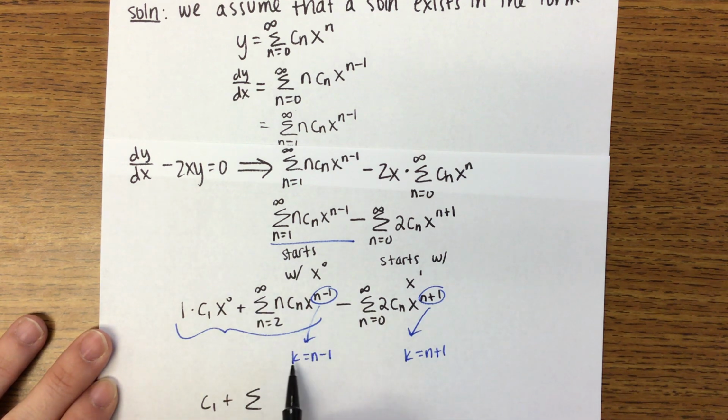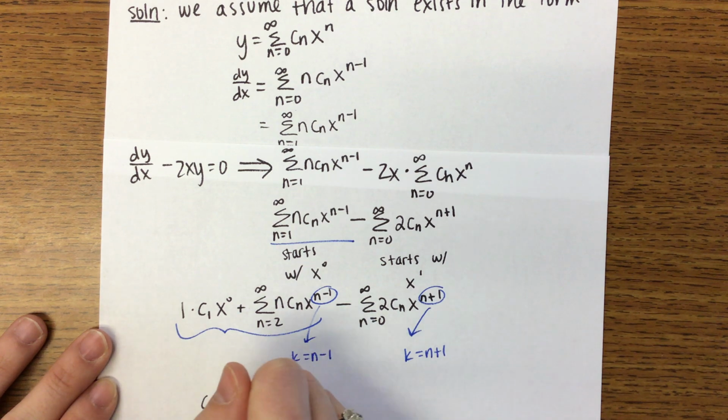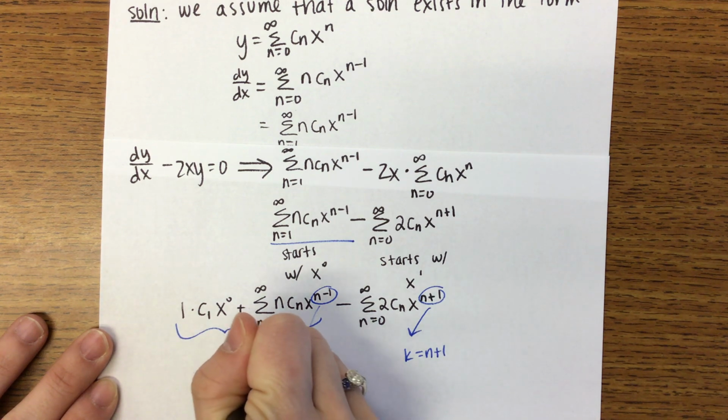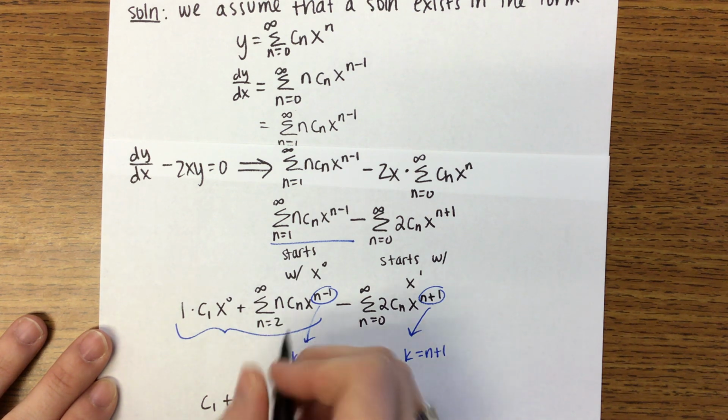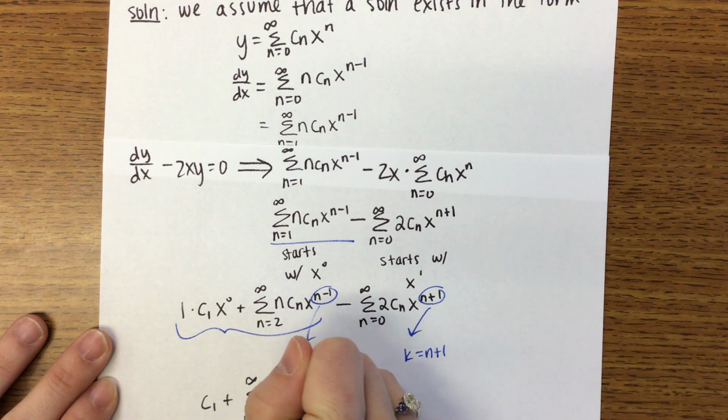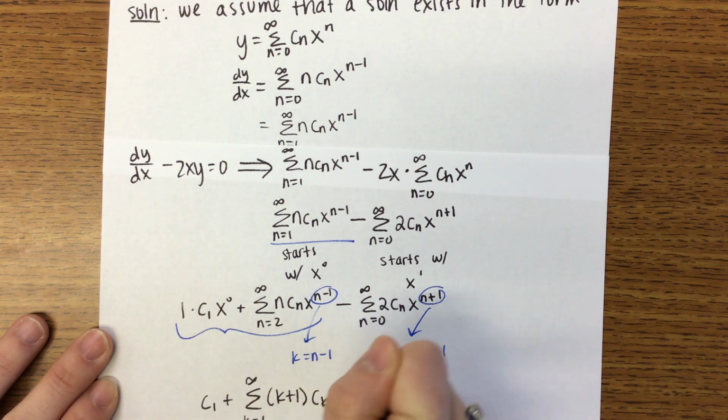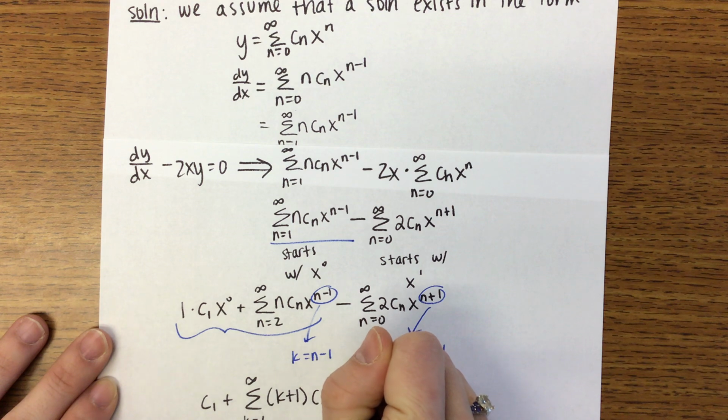Here, if my k is equal to n minus 1, if I plug in n equals 2, I start from k equals 1 to infinity. My n then, if I add 1, that'll be k plus 1, c_(k+1), x to the k.